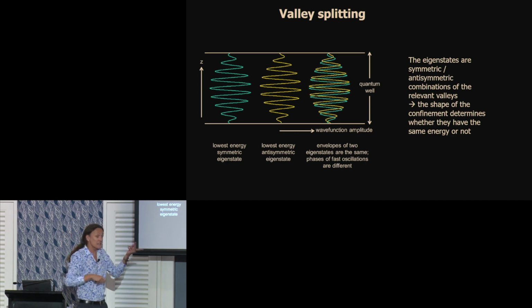And so you will find that the symmetric and antisymmetric combination have an energy gap that depends on the details of the confinement. So when you confine an electron to be used as a qubit in silicon, you want it to be in a well-defined valley state. The other valley state acts as a leakage state.